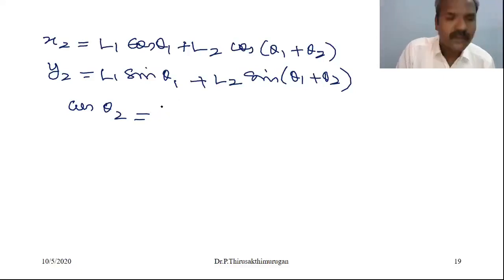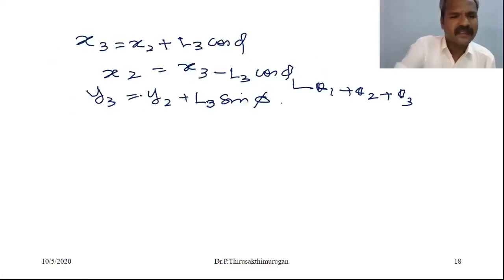X3. X3 square plus y3 square minus... x3 and y3 are these two relations. What is x3? x2 plus L3 cos phi.